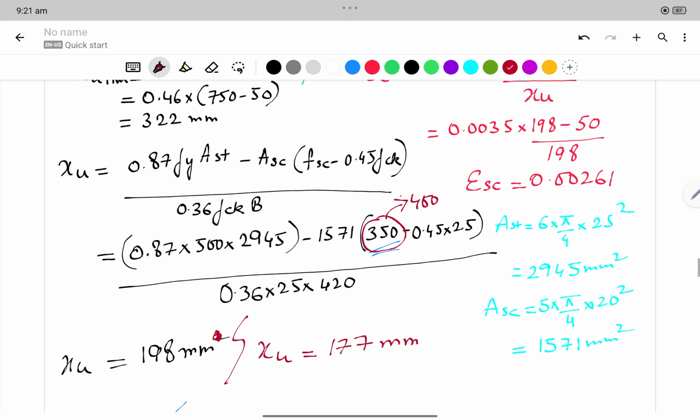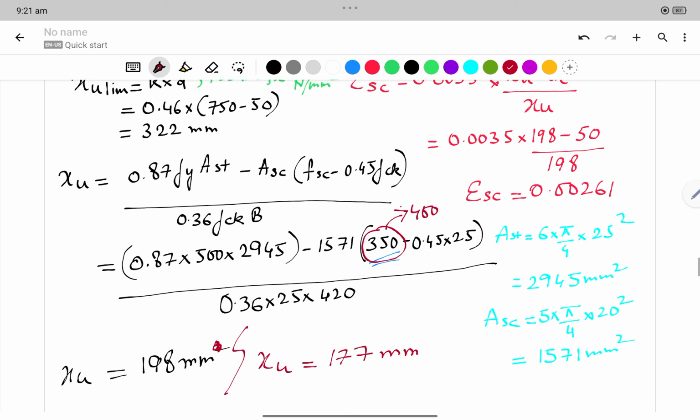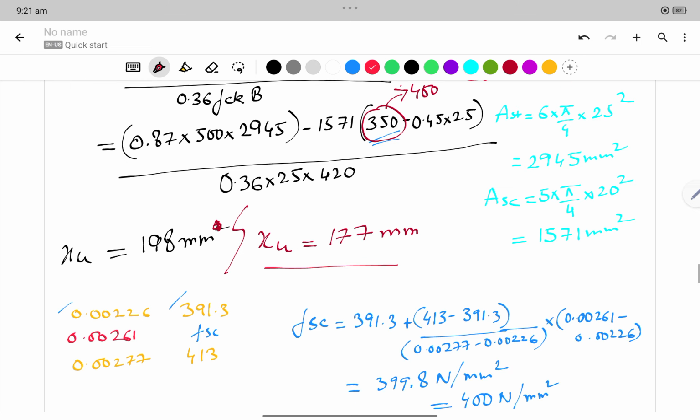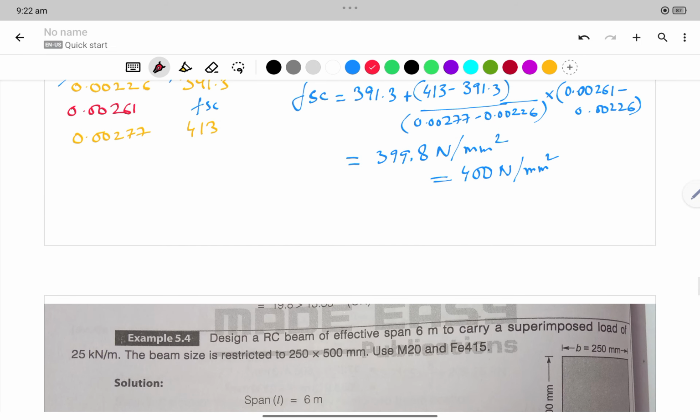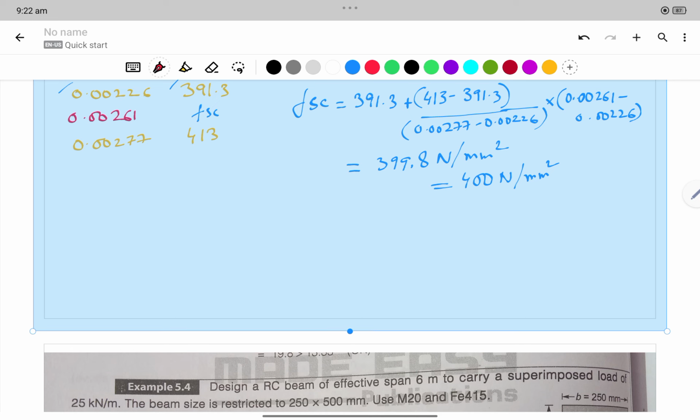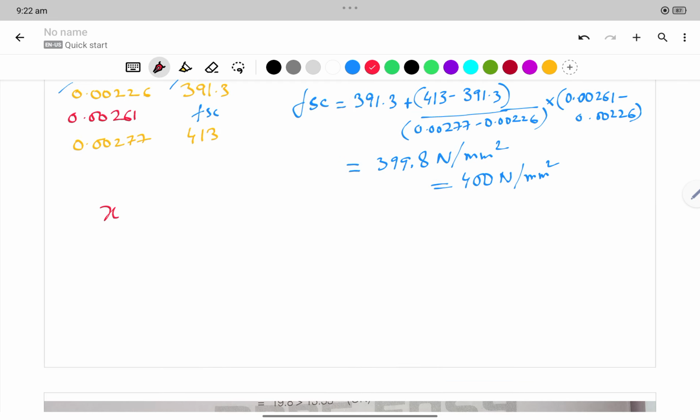Mm. So you can see it here now that XU limiting is 322 and XU is 177. So you can conclude it here as XU limiting is greater than XU.